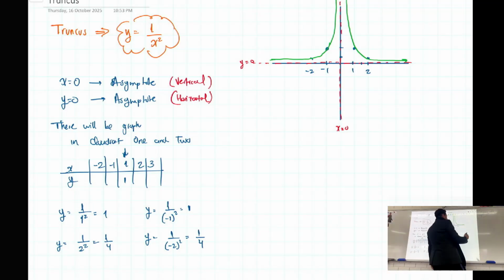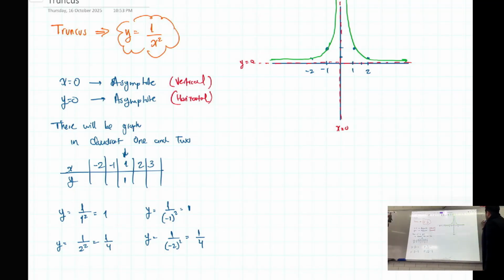Similarly, on the other side, if you do 1 over 1,000 or 100 to the power of 2, you will end up with a series of zeros, approaching this side, but never crossing the x-axis. So therefore, there is no graph in quadrant 3 and quadrant 4. This graph only exists in quadrant 1 and quadrant 2. Okay?